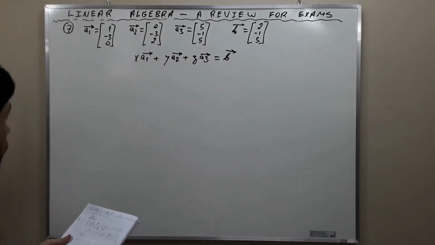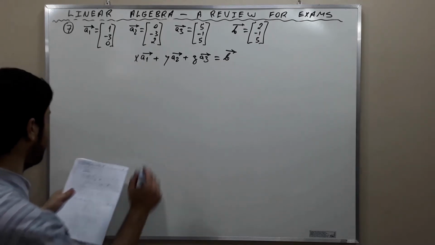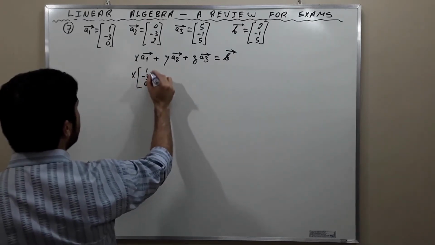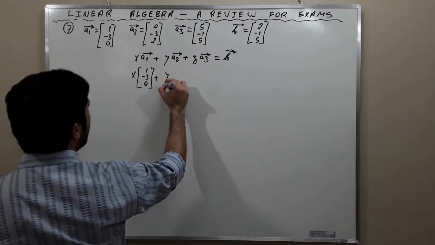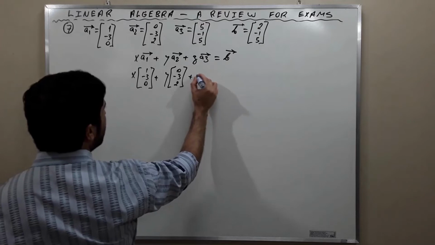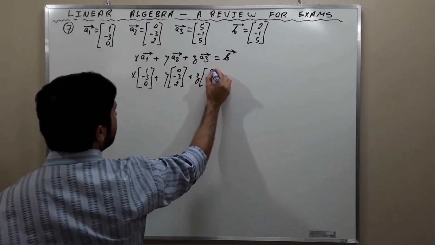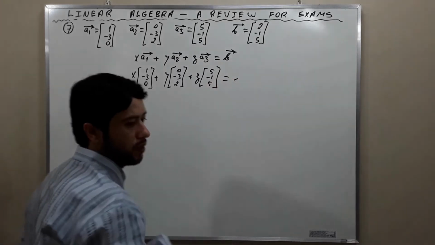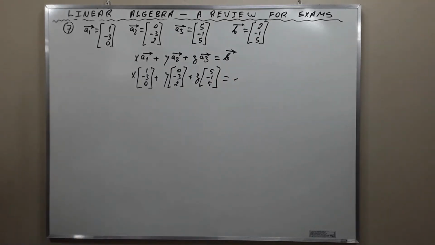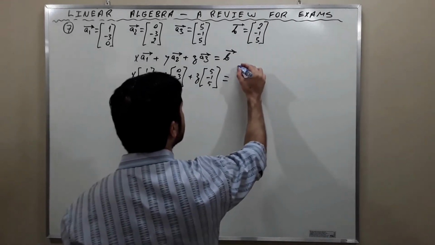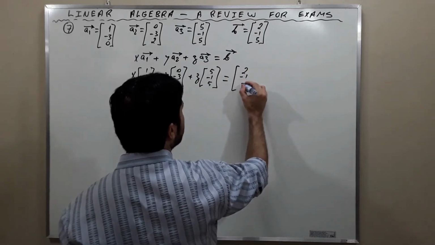In this way, we can write it here: x times (1, negative 3, 0) plus y times (0, negative 3, 2) plus z times (5, negative 1, 5) equal to b, where b is going to be written as (2, negative 1, 5).